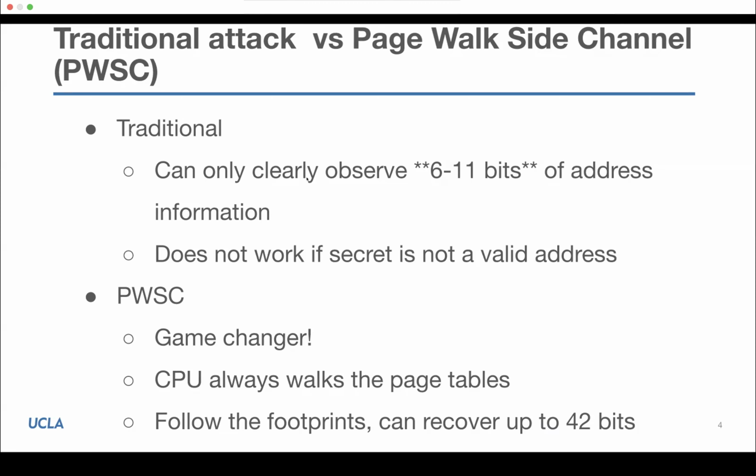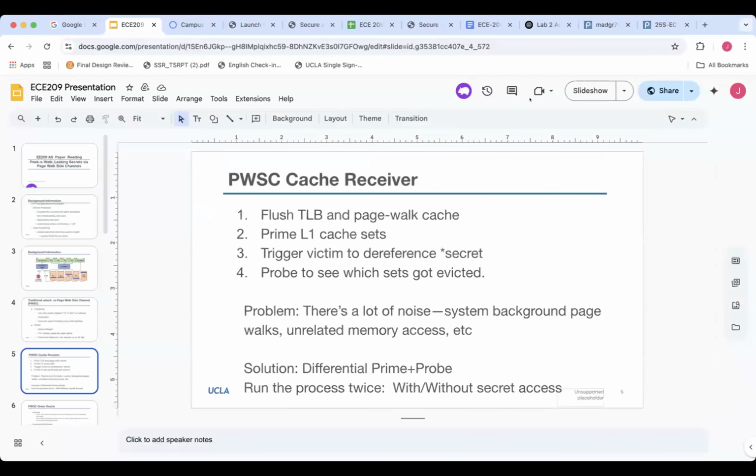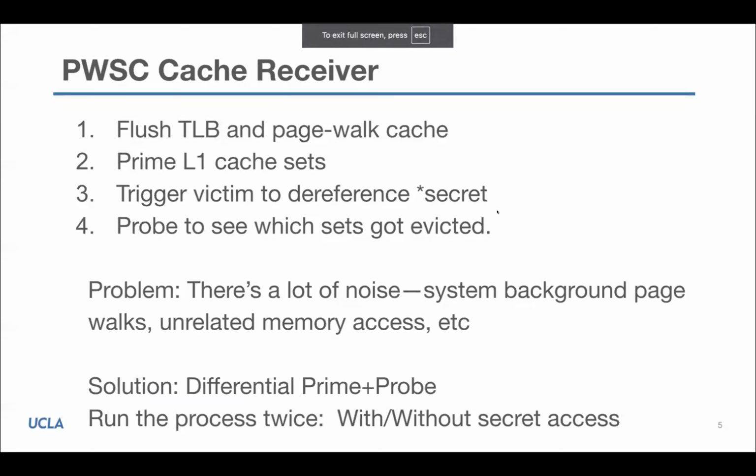So how is the secret trail captured? First, the attacker flushes the TLB and the page walk cache. This ensures that the CPU must go through a full page walk. Then it primes the L1 cache, filling each set with known patterns. Next, the system triggers the victim to dereference the secret. Finally, the attacker probes the cache to see which sets got evicted.